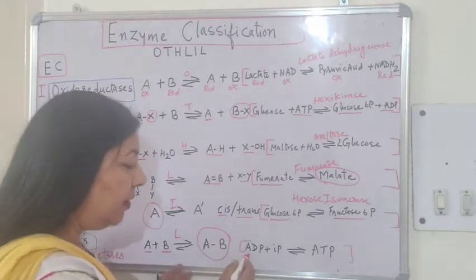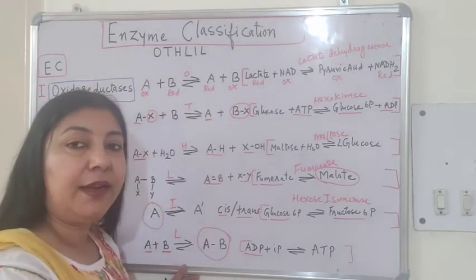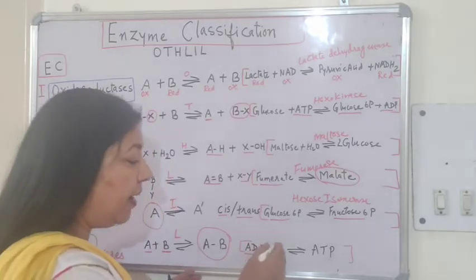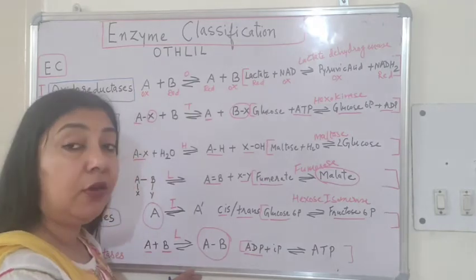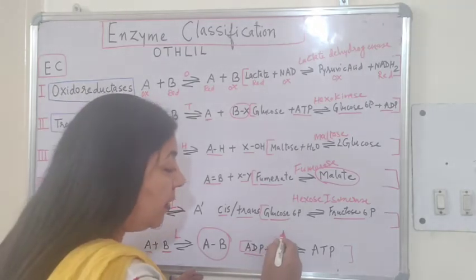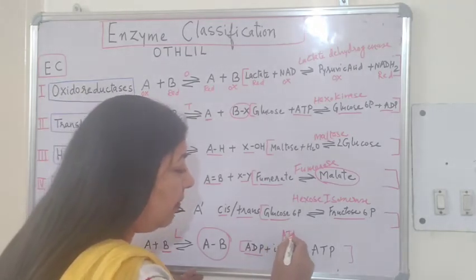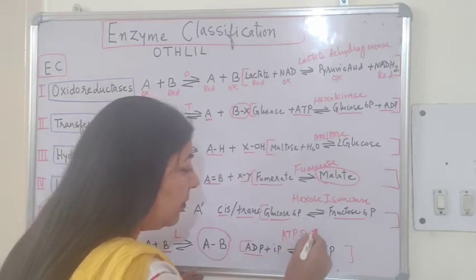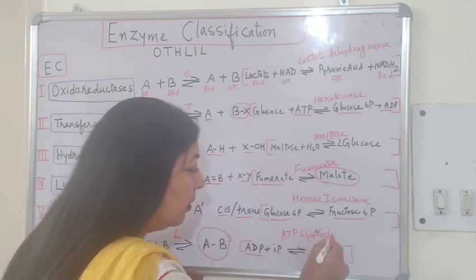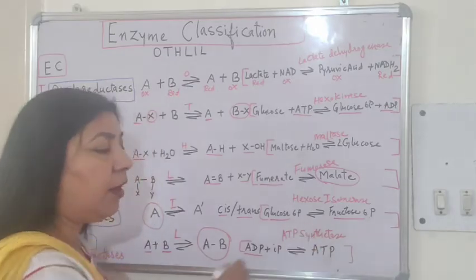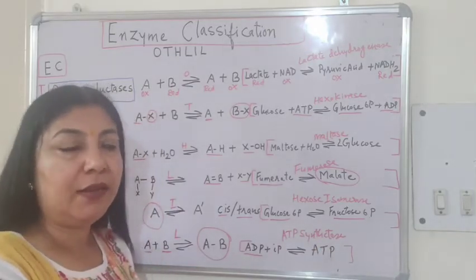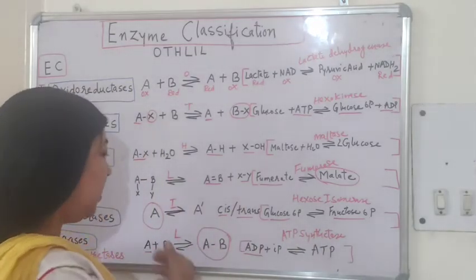For example, this is ADP, adenosine diphosphate. When it reacts with inorganic phosphate in presence of the enzyme ATP synthetase, a big molecule is formed, that is ATP. So this is called synthetase.